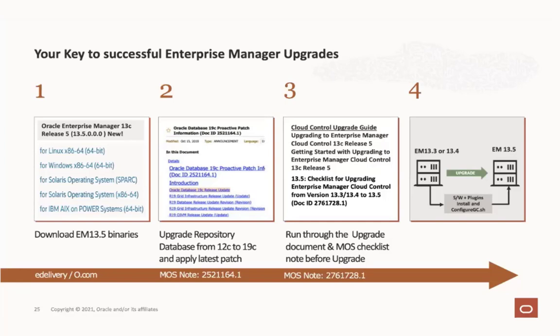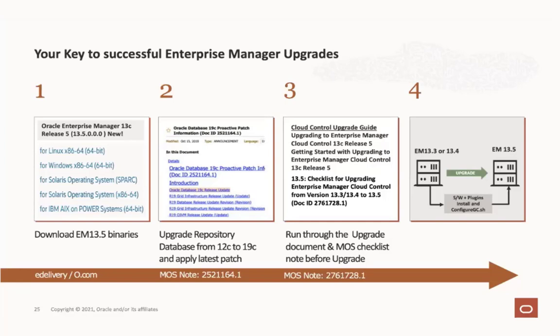Once you're done with that, the next step is the database upgrade, which is very important, because we will block the upgrade if we detect that you're upgrading from a 12c version of the database. So to make sure you have all the preparation steps done, you upgrade the database and apply the latest PSU on top of the 19c version.